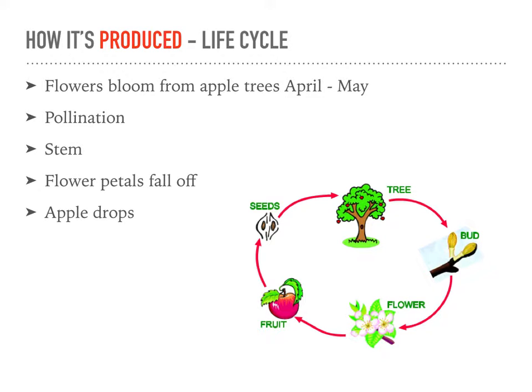The apple then begins to grow from the stem of the flower, and eventually the apple gets heavy and drops, and it turns over, and then the petals fall off and the apple drops, and the stem of the apple is where the flower stem used to be.